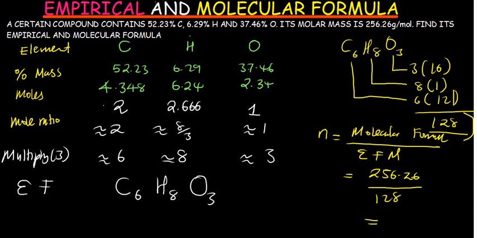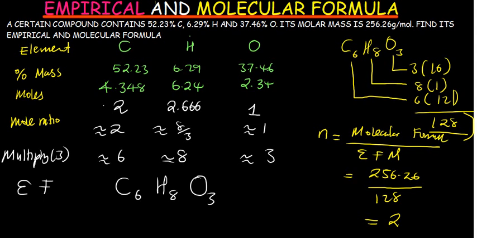And that is going to give us, let's see what we get. 256.26 divided by 128. If you've found the answer, please, you can just shout it out. So that has given me 2, rounded off to the nearest whole number, like it is 2.00.